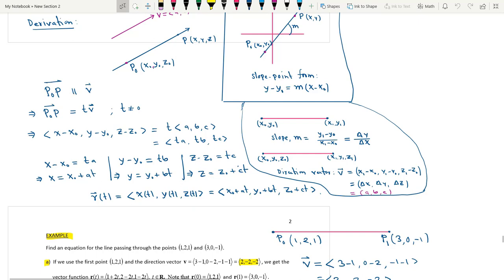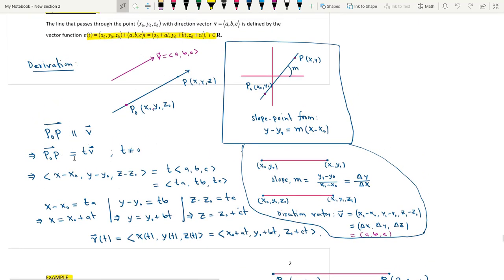Since they are parallel, one is a scalar multiple of the other. So P0P can be written as t times v, where t is a non-zero number. And P0P is x minus x0, y minus y0, z minus z0. And tv would be ta, tb, tc.